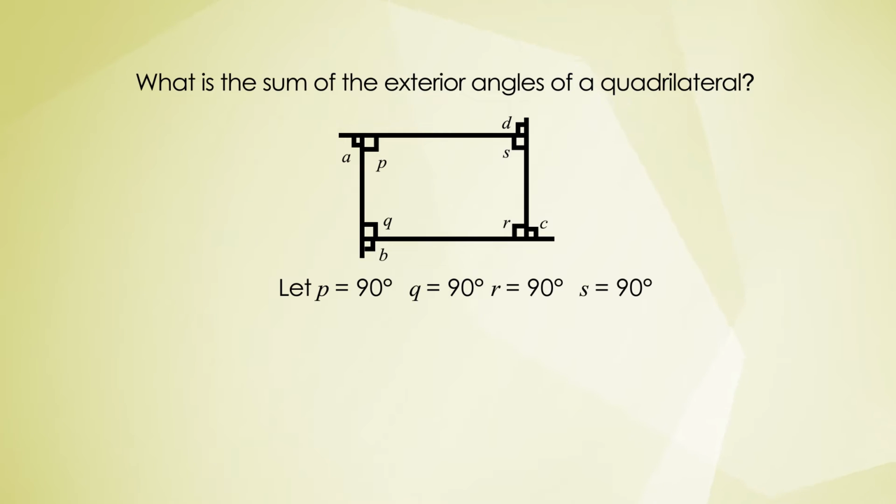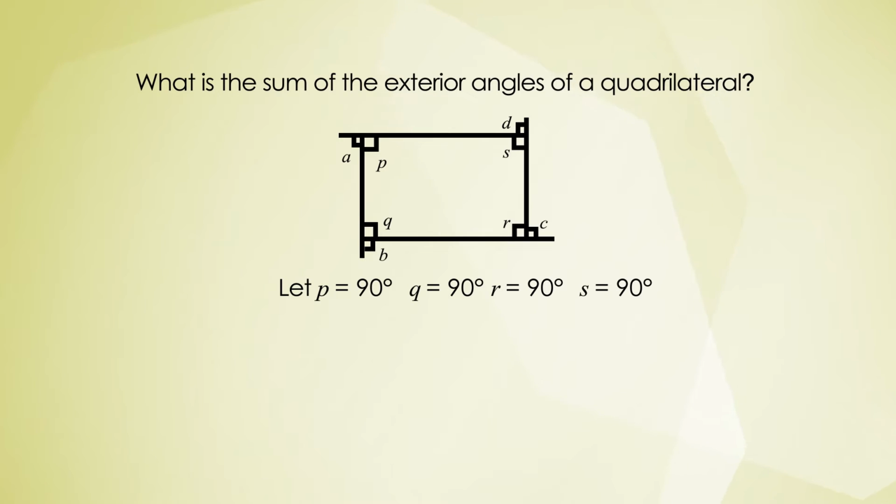Girls and boys, do you know how? Yes! Excellent! Using the formula, interior angle plus exterior angle equals 180 degrees, we can calculate angles A, B, C, and D.